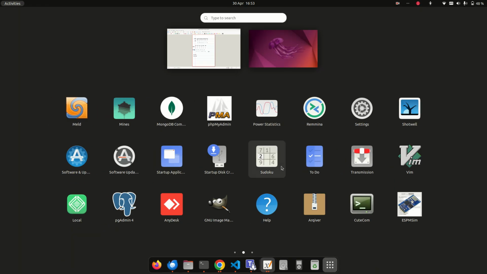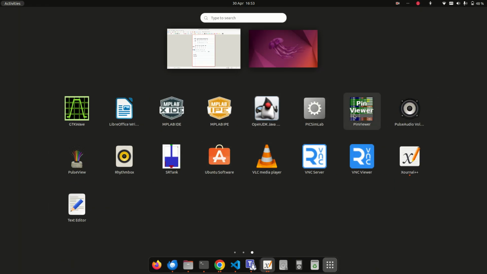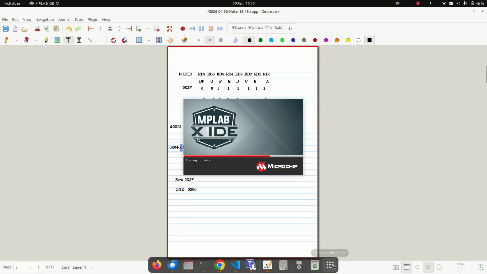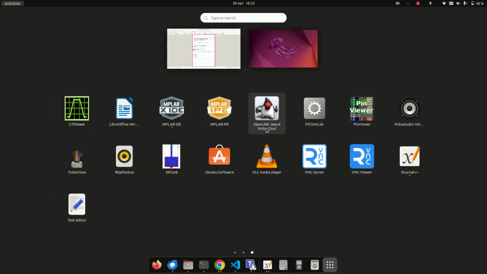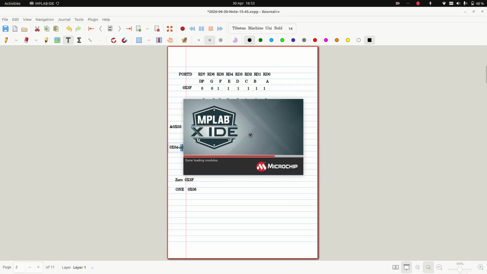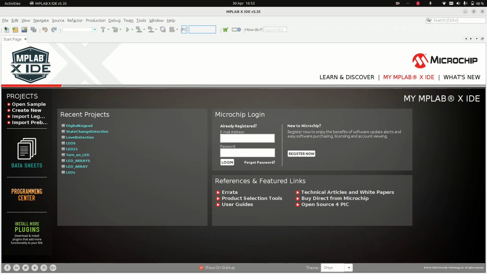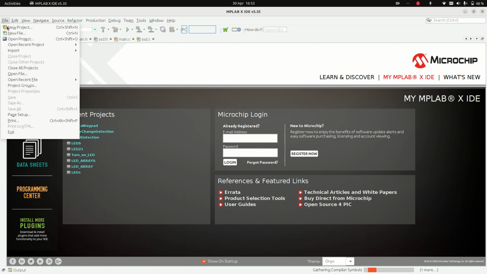Open the MPLAB X IDE, and also open the PICSimLab simulator. In the MPLAB X IDE, I am not going to write the code again.